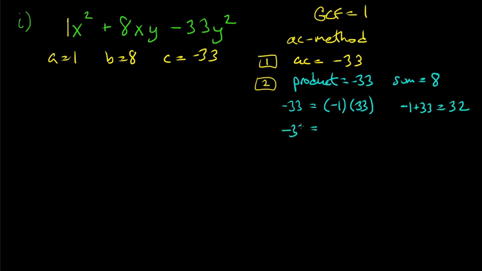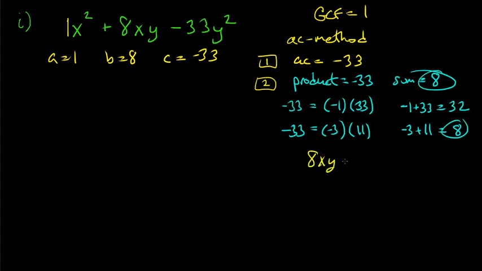We know we can't divide by 2 here, but we can definitely divide by negative 3. That gives you 11, and negative 3 plus 11 is 8. So we got it. Well, we're done with finding the numbers. So this 8xy, the middle term, will be split up as negative 3xy plus 11xy, because negative 3xy plus 11xy is 8xy.